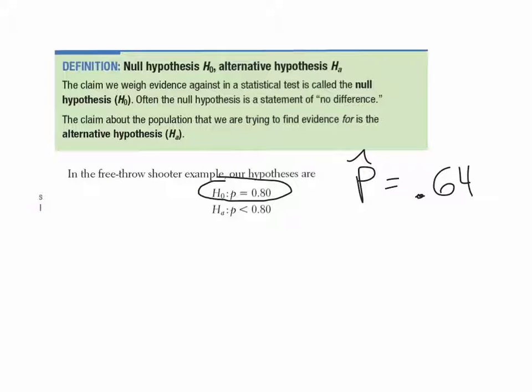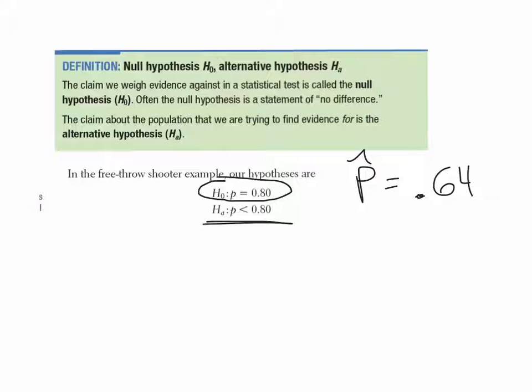That proportion is different than what he said it was. It's actually less. So what we're starting to wonder isn't that his actual shooting percentage is 64%, but we're starting to wonder, is it less than 80%? This is our alternative hypothesis.